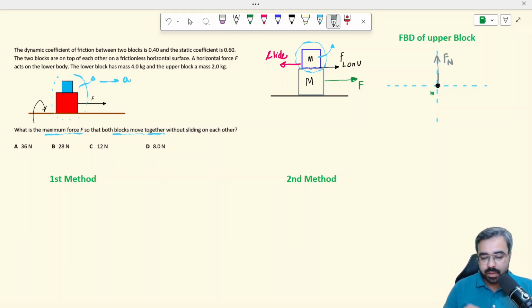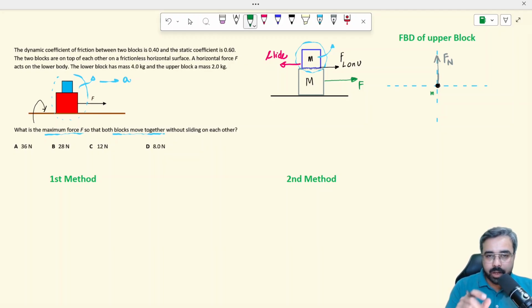The reason is that the upper block is pressing down on the lower block, and as a result the lower block, the bigger block M, applies the same amount of contact force on the upper block. So it is pushing the upper block up, and the upper block is pushing the lower block down. Both forces are equal in magnitude and opposite in direction according to Newton's third law.